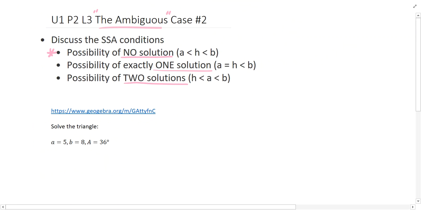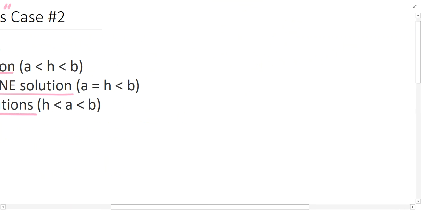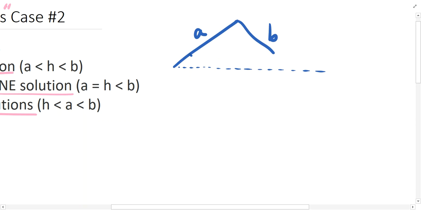Now, when we're talking about A, H, and B, what we're trying to emphasize here is that, say, side length A is provided, side length B is provided, and an implied angle measure is provided. But the height from the implied base of this triangle has to be measured perpendicular to that base.